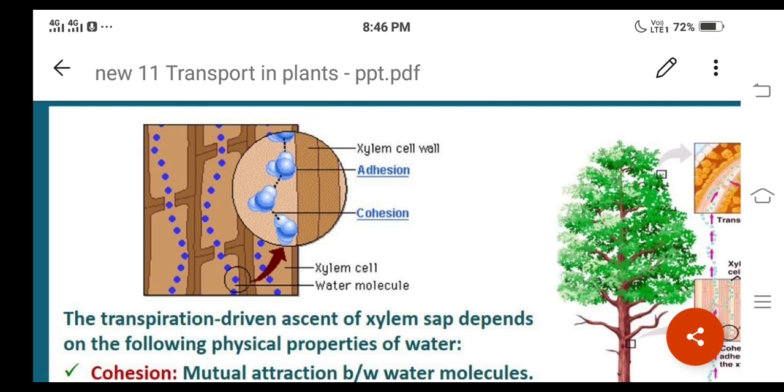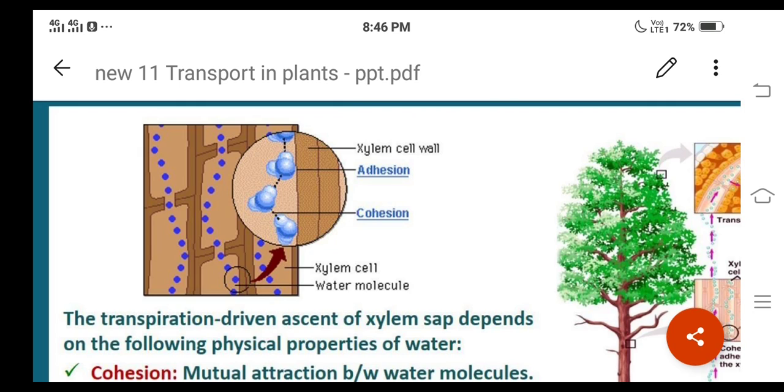Because due to transpiration only, a tension or a stress is developed in the leaf part. That is called the transpiration pull. Because of this, we mention it as the transpiration driven ascent of xylem sap. It depends on the following physical properties of water.